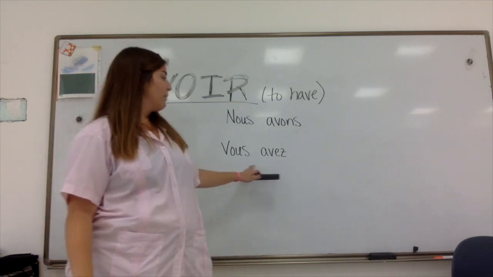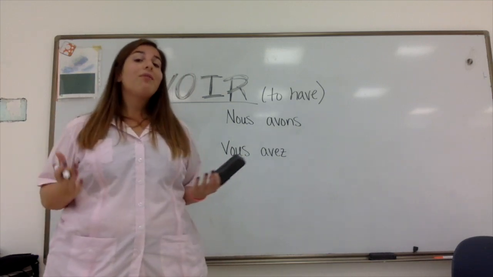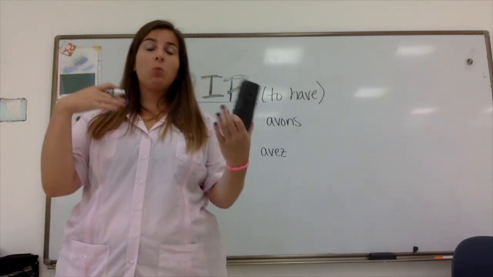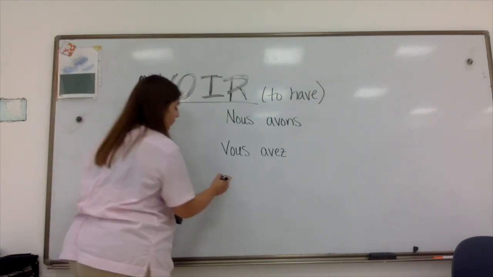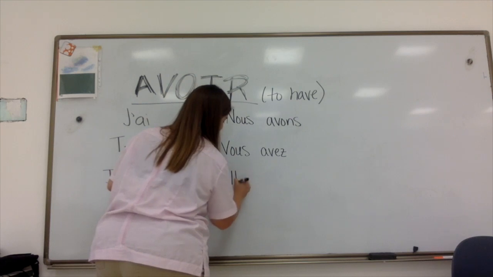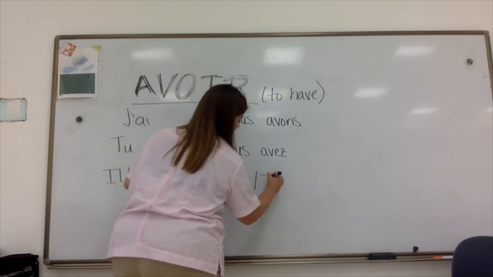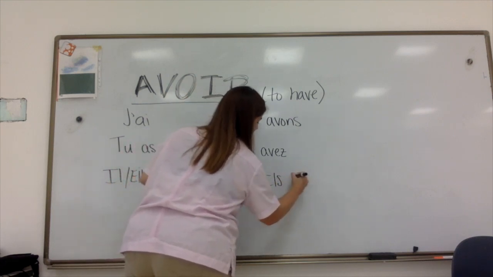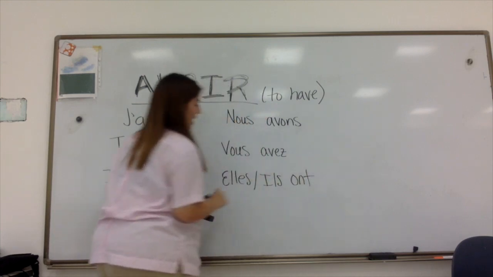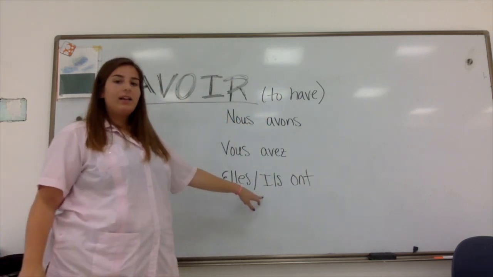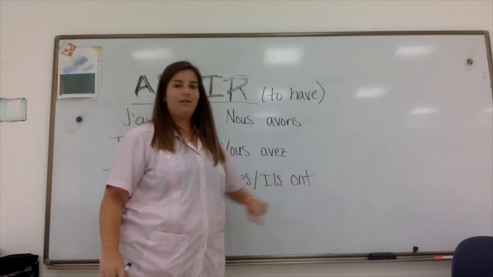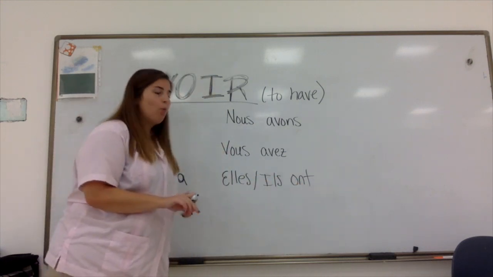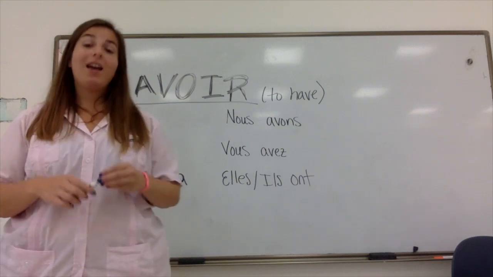If I was telling, for example, my grandmother, I might say, vous avez une sœur, because she's someone older than me. Let's not forget that. So, vous avez, et finalement, we have ils, elles, ont. Okay? That's O-N-T, ont. I want you to see if you can repeat these after me.